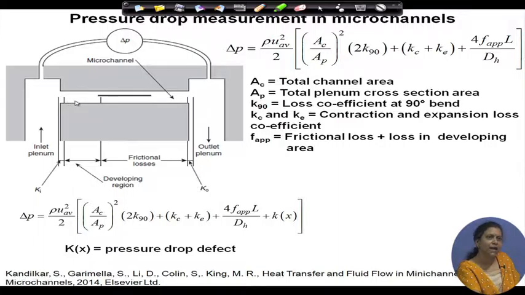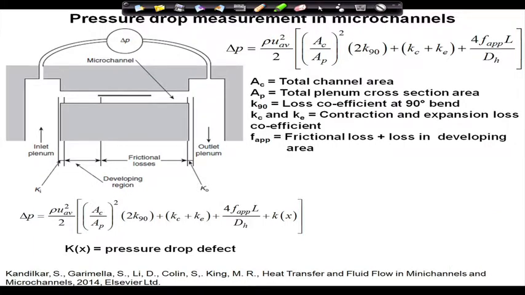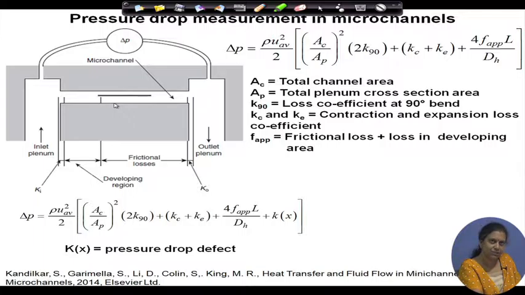The microchannel dimension is in the range of microns, and you can very well appreciate how much precision measuring such a small dimension requires, and how difficult it is to have an accurate measurement. Number one, how difficult it is to maintain a uniform microchannel without any particular roughness or with uniform roughness. So, therefore, there are a lot of uncertainties involved in the measurement of channel dimension.